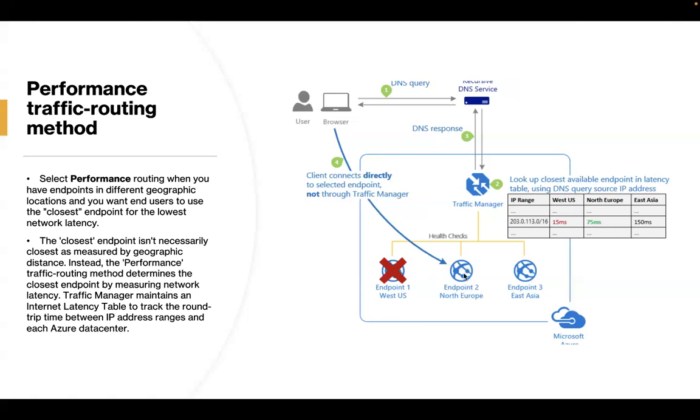Now the request will go to endpoint 2 in North Europe. With the same methodology, the request goes to traffic manager, which responds with the endpoint URL, and it directly hits the endpoint in the second step. So this is about the performance traffic routing method.